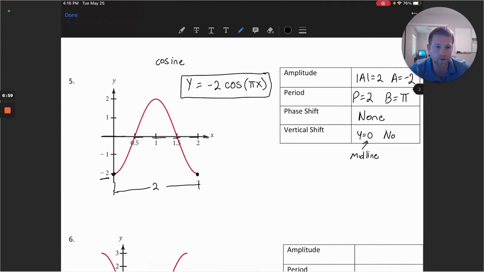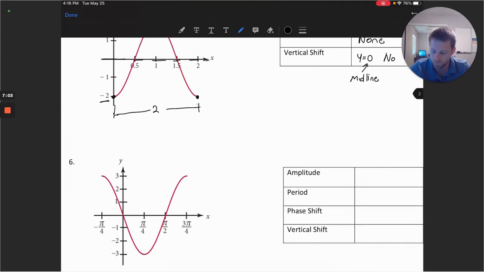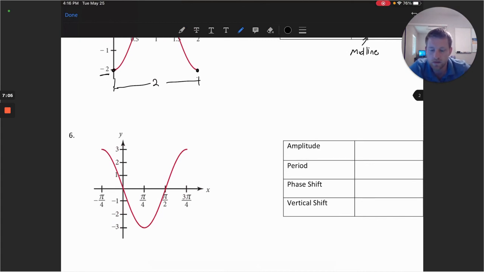We'll try one more out here. And again, we'll work with the cosine function since they only give us this little portion of the graph. We'll again go with a cosine base. Notice that we start at -pi/4, end at 3pi/4.